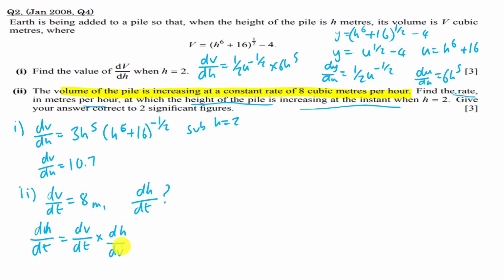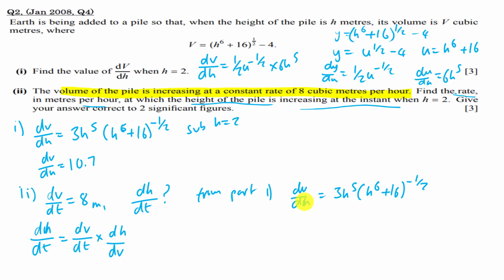Okay, now from part 1 we have dV dh only, which equals, where did I write it neatly? Here. 3h to the power 5, h to the 6 plus 16 to the minus a half.